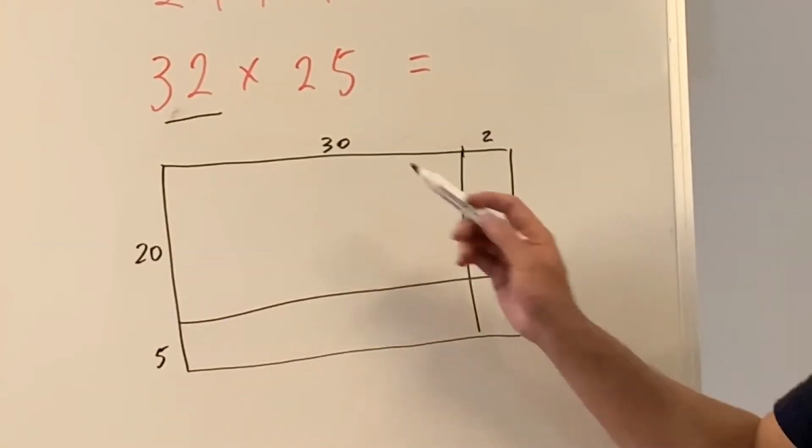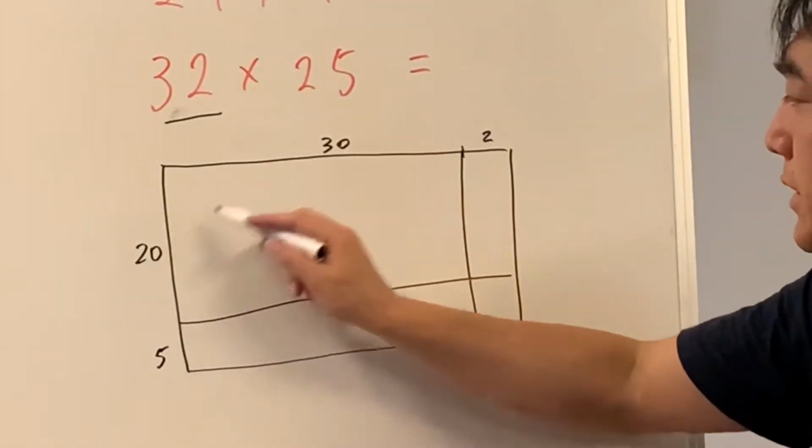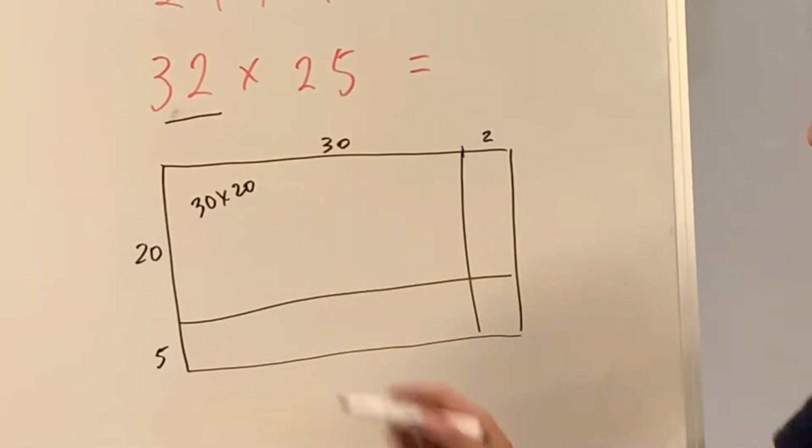Remember, we're talking about dots, 30 dots, 20 dots. This way, 30 times 20, which is 600.